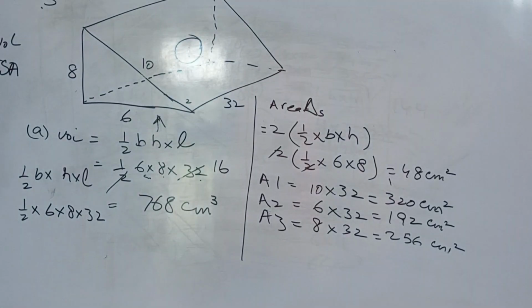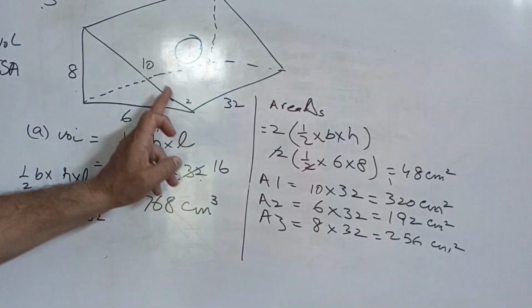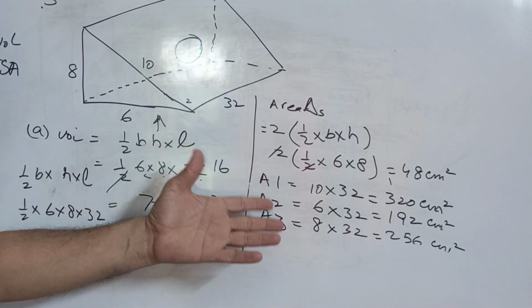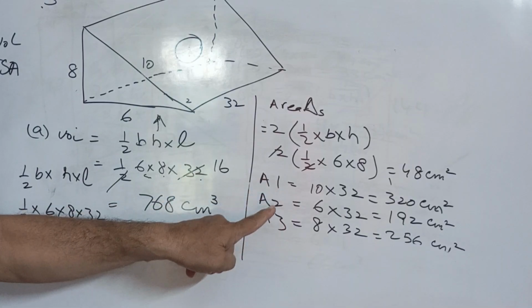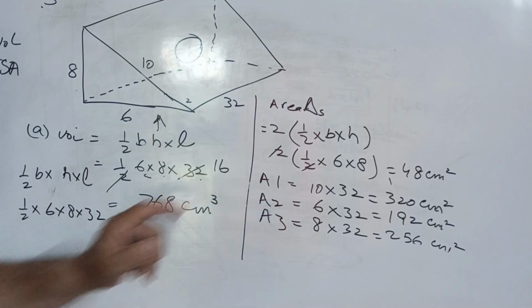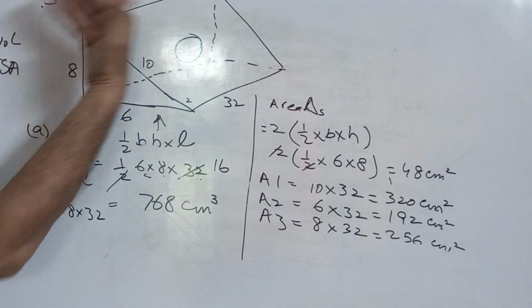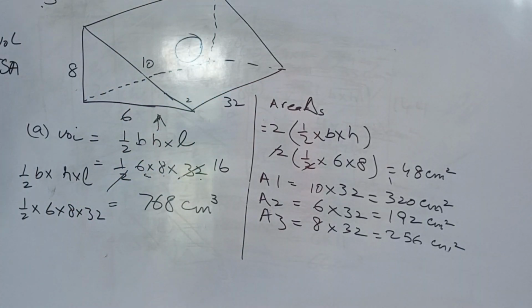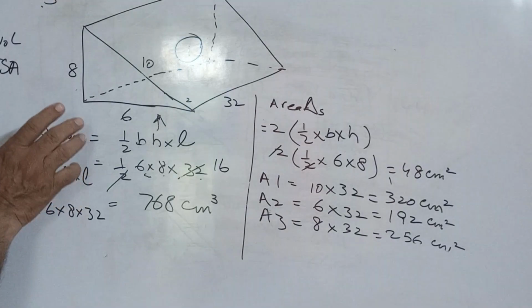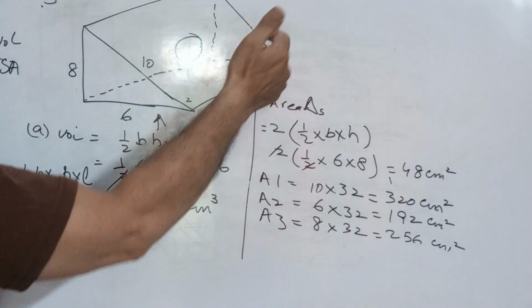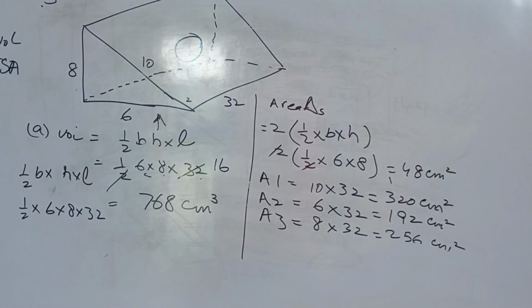Now my dear students, we have found the area of first rectangle, second rectangle, and third rectangle. Now we have to add the two areas of these triangles also, and the three areas of the rectangles.